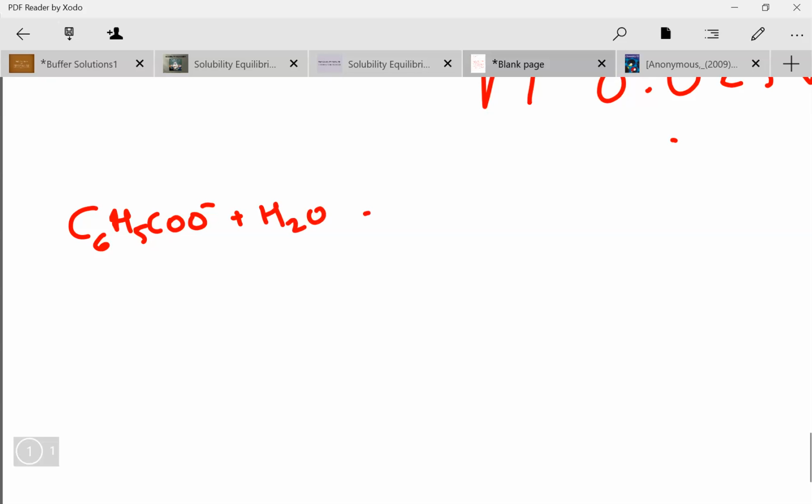And now, hopefully we can skip the process where we say Na plus is not going to react in water because it's a conjugate of a super strong base, and therefore we can ignore it because the equilibrium will lie far towards the ion side. What does this give me? OH minus.